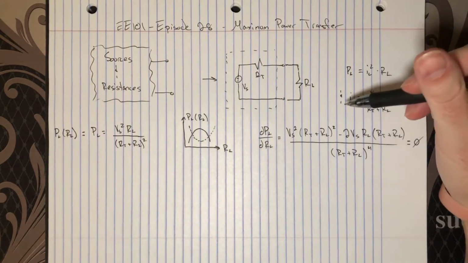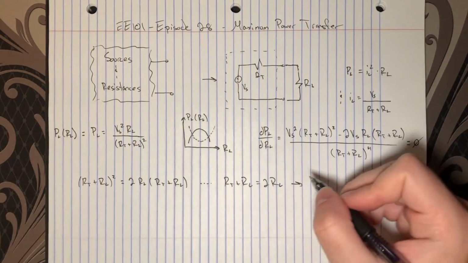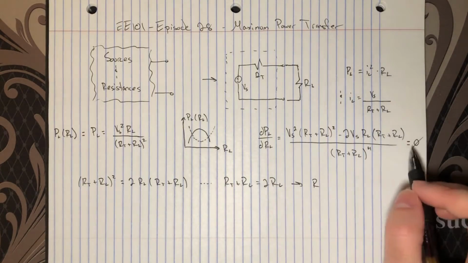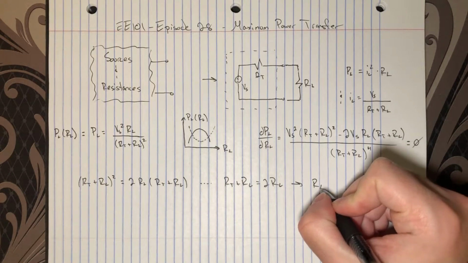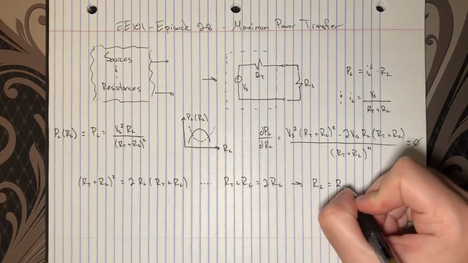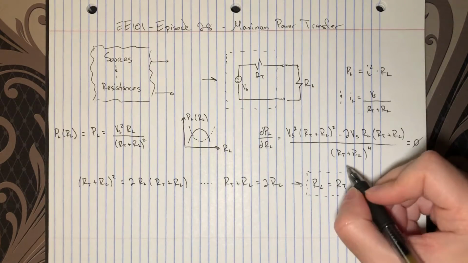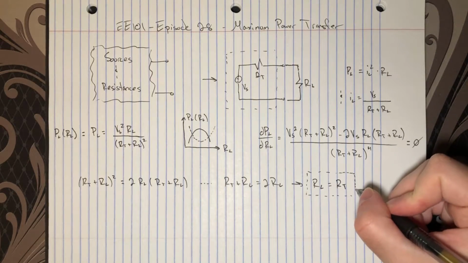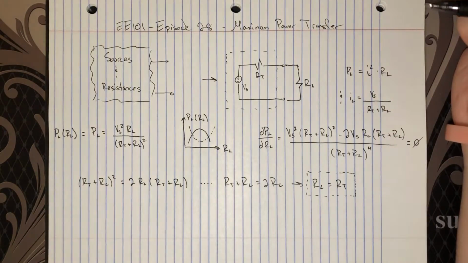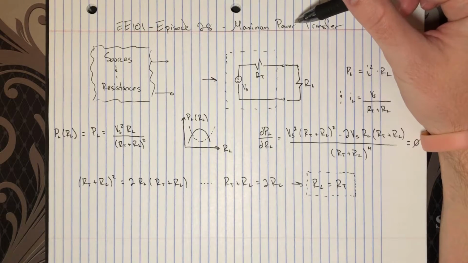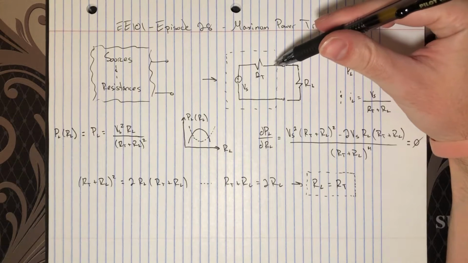Great, and with a little bit of algebra, we can step through this, and then, therefore, the solution to this condition, that the derivative equals 0, gives us that RL equals RT. The load resistance that extracts the maximum power from this source is equivalent to the Thevenin resistance, or the source resistance. Maximum power transfer is achieved when the load resistance matches the source resistance, or Thevenin resistance.